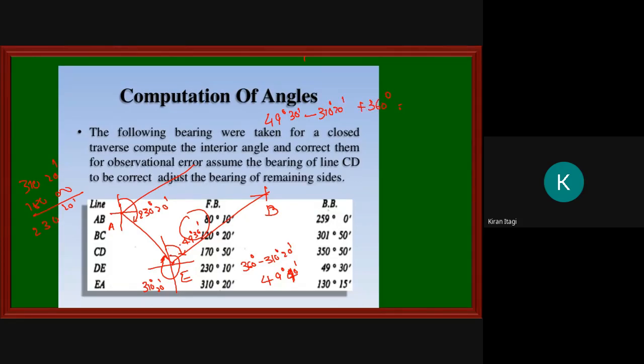Just add this thing: we need this angle, 49 degrees 30 minutes minus this one, add 360 degrees, gives 99 degrees 10 minutes.